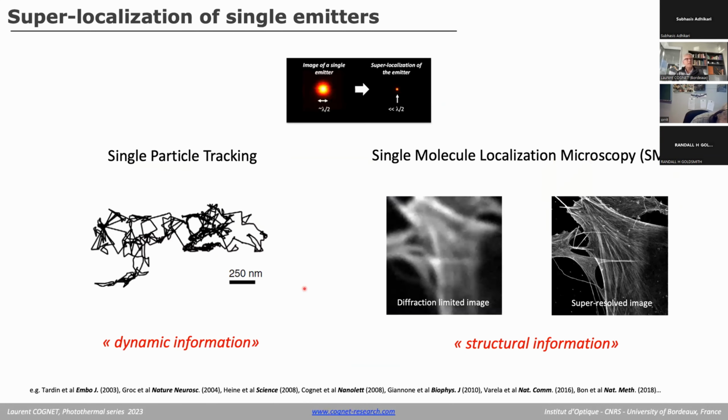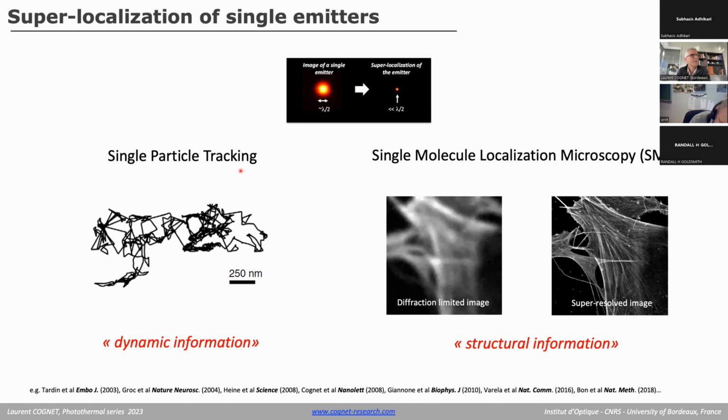So our strategy will be based on single molecule detection, and I think I don't have to introduce the superlocalization properties of single emitters, which we'll use a lot in our applications. But what I would like to highlight here is that I like to separate the two main applications and benefits of the superlocalization of single emitters into two categories.